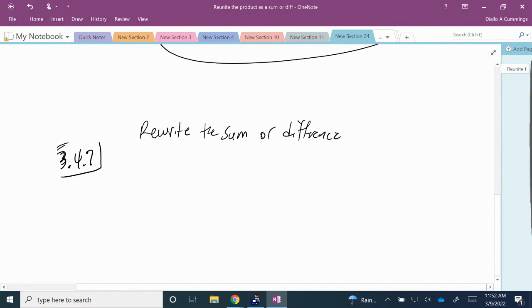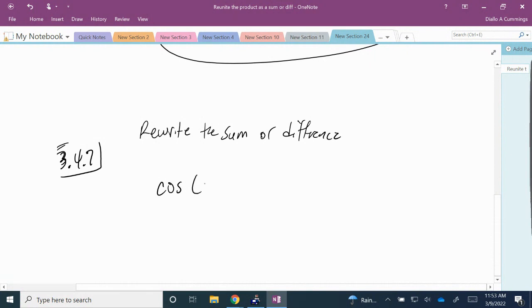Now, believe it or not, the product to sum and sum to product are some of the easiest formulas to use. They just sort of look scary. But once you find the right pattern, you may or may not have to manipulate, it's just a matter of substituting and simplifying.